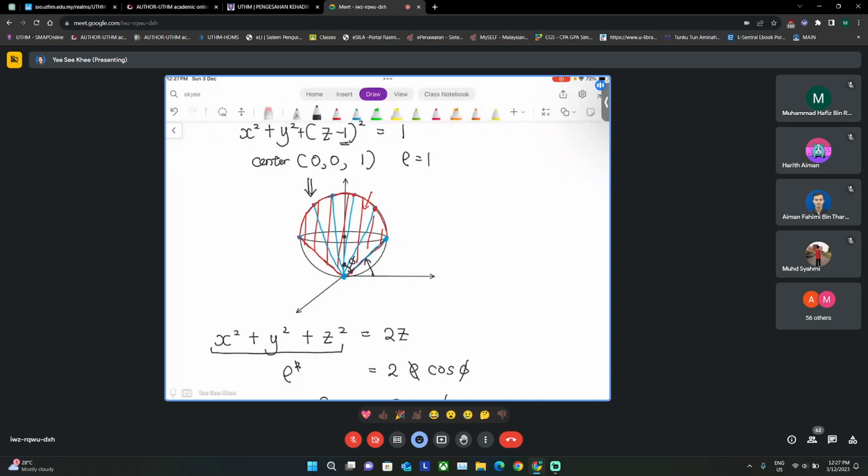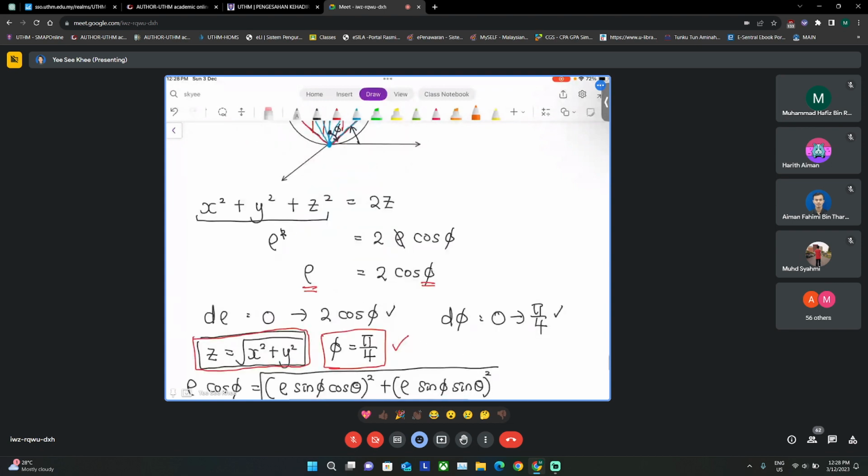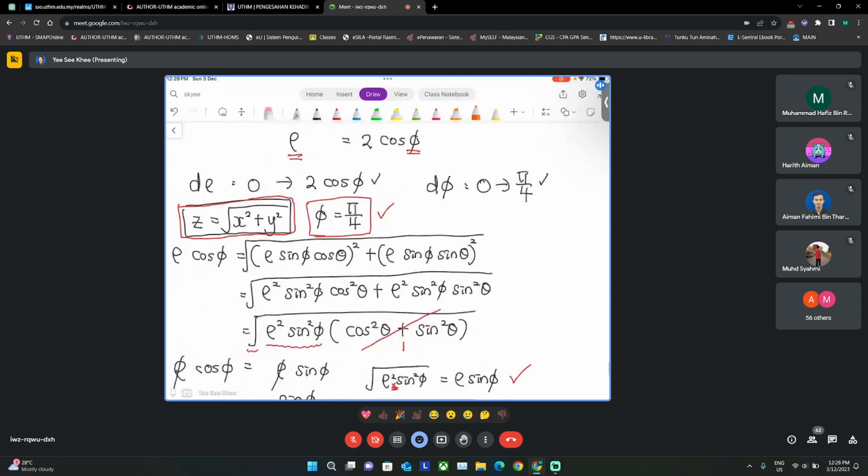You will see a circle right at the middle here. So this is a complete circle. When it is a complete circle, its d theta will be from 0 to 2 pi. Okay, 0 to 2 pi.